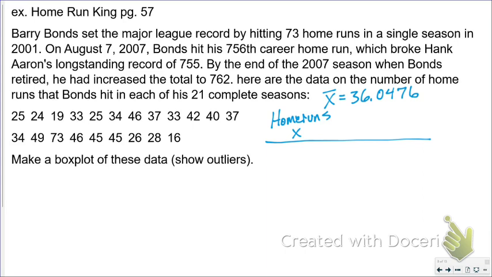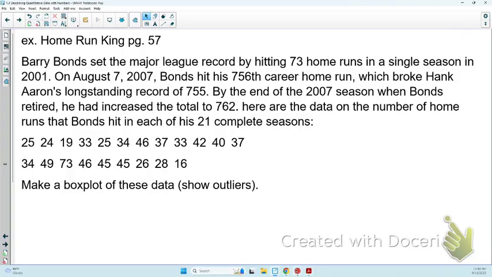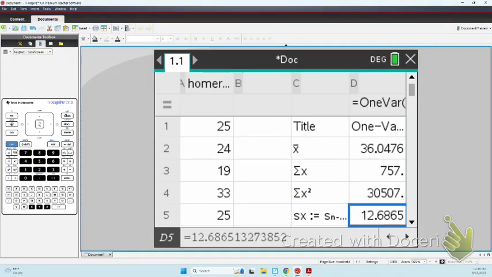So we start by writing, say, 25, 24, 19, all the way down to the last season when he had 16 home runs. And when you add up all those home runs, you get the sum of the X's, which is right there, 757.